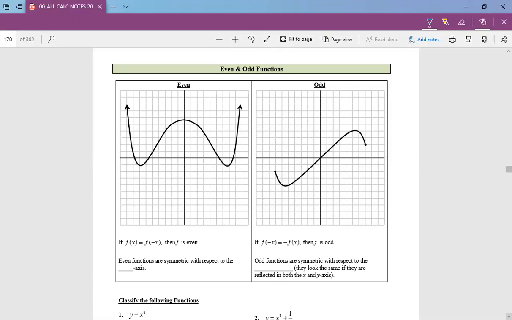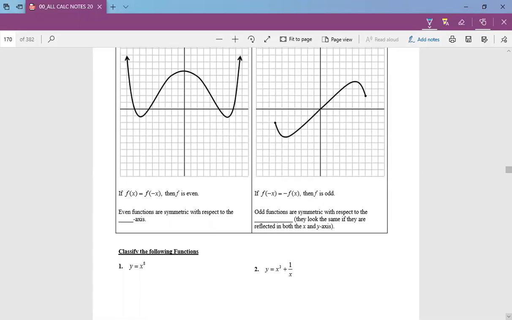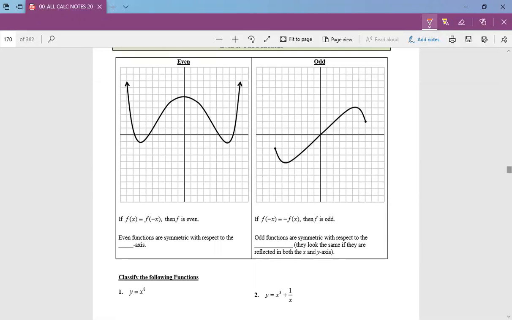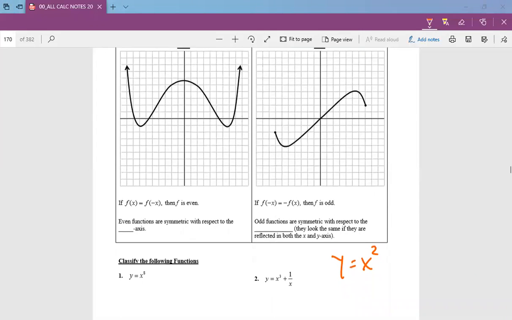This starts off with looking at something that's maybe degree 4 or so. And we have what is called an even function. Our definition of an even function is that if f of x is equal to f of negative x, then f is even. If we think about that in terms of stuff that we've seen before, like y equals x squared, that ends up being an even degree.